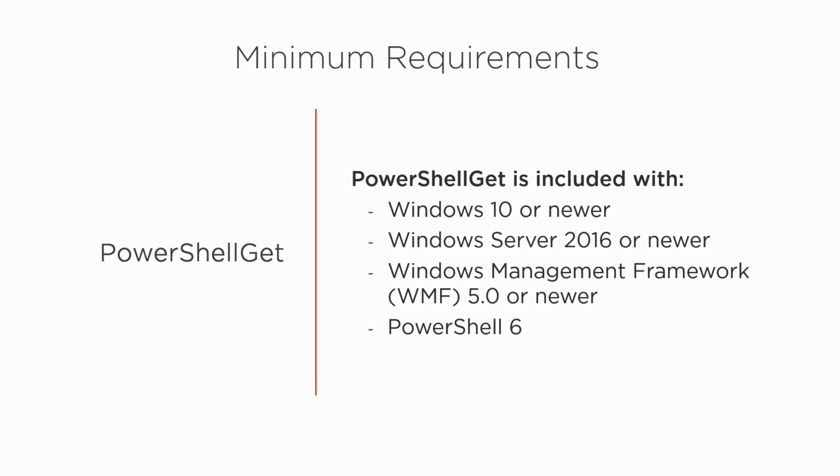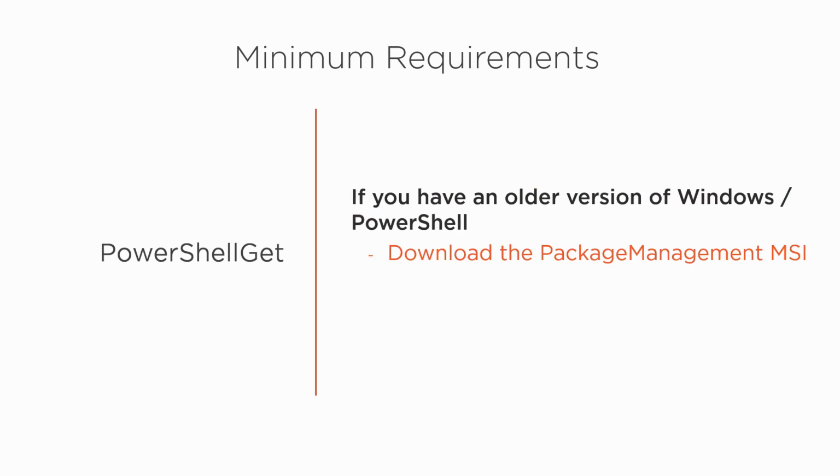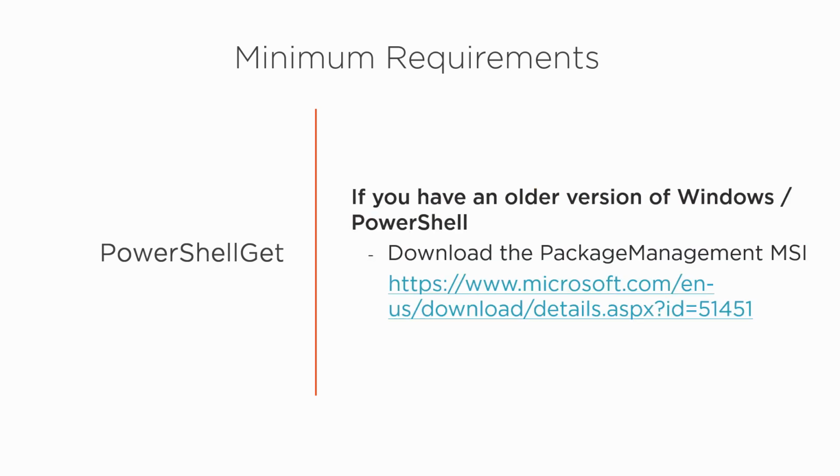If you're running on a client machine or server that doesn't have any of them, you can download the Package Management MSI from the Microsoft Download Center at the link that you see in the slides.